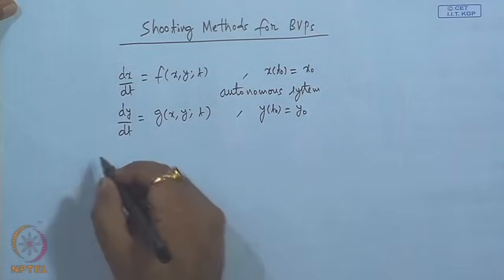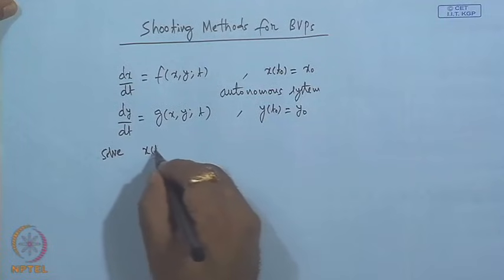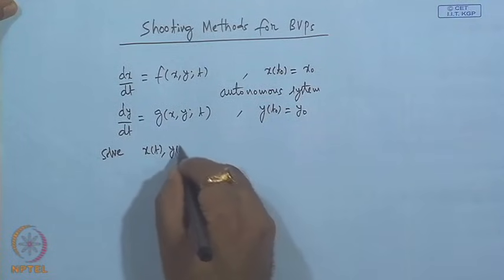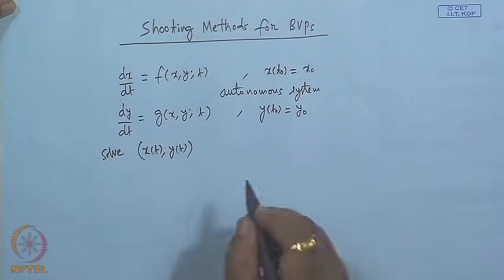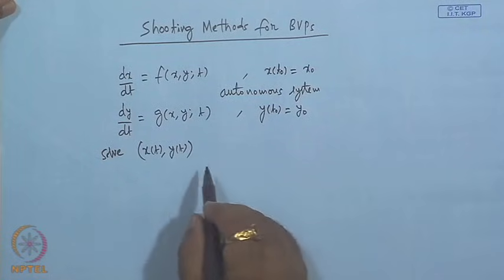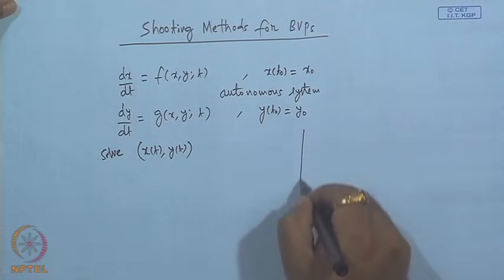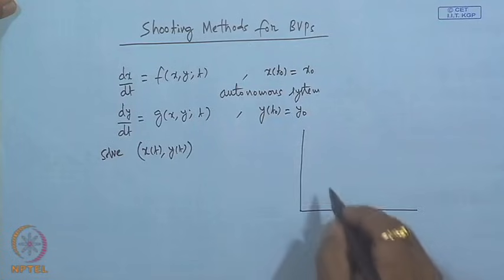That means we are looking for x of t, y of t at any given time. This is our solution. Now what does the shooting method do?